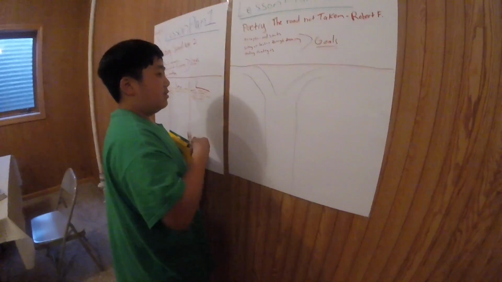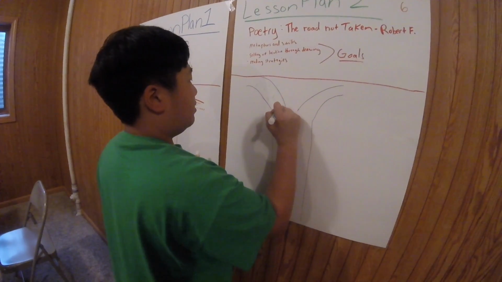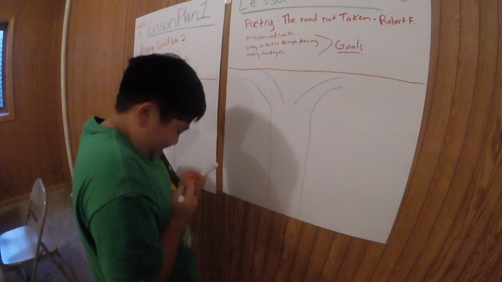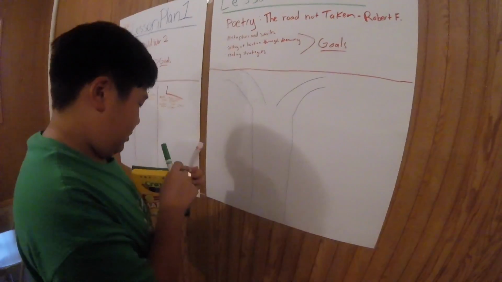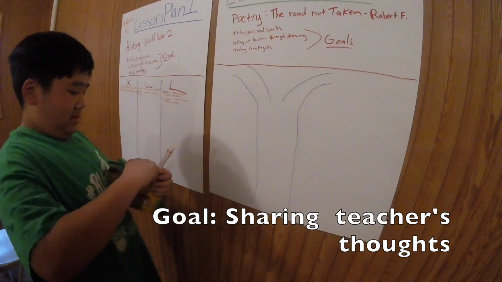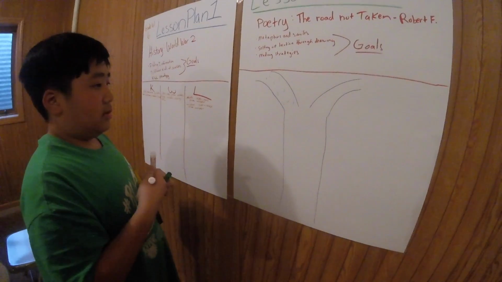Yep. This is the grassy path. I like your drawing. That's so funny. In my mind, when I read this poem, I always think the left side is the less traveled by, so the right side is the grassy one. But seeing your idea of it, it's the same.